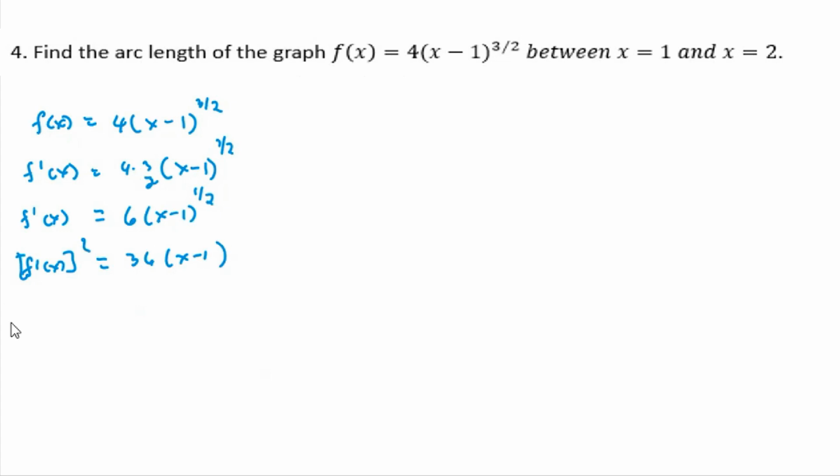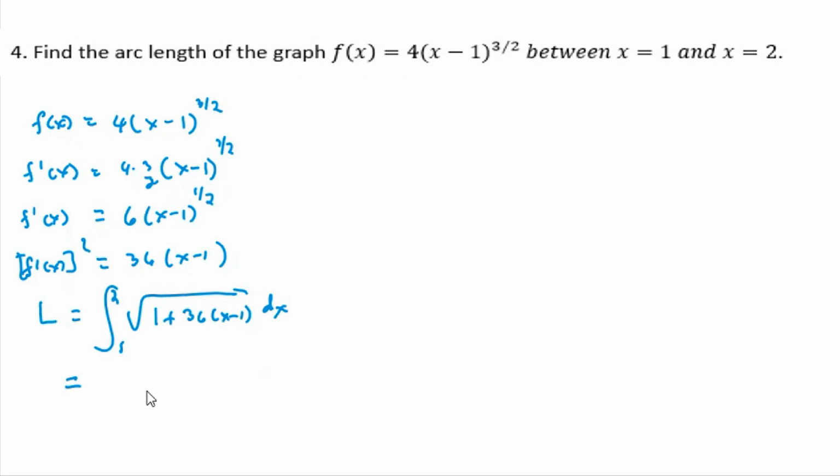So applying the formula of the arc length, L is equal to the integral of the square root of 1 plus the value now of the square of the derivative, which is 36 times x minus 1, dx from 1 to 2.